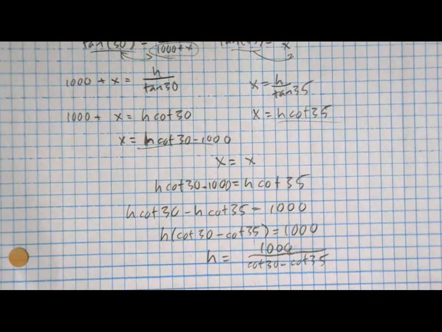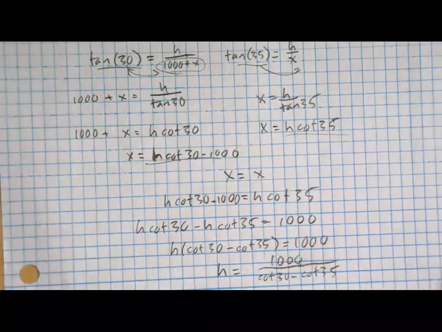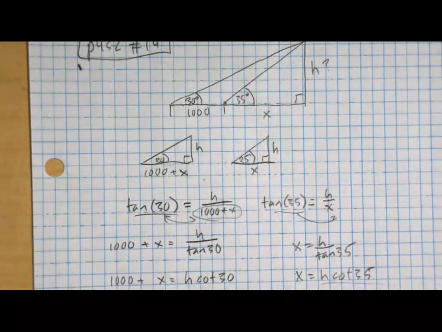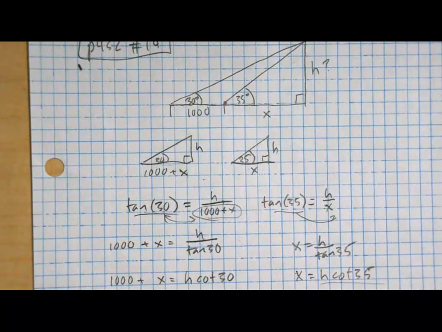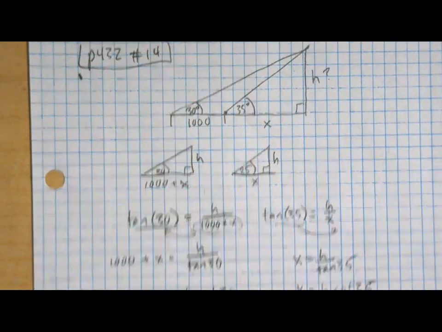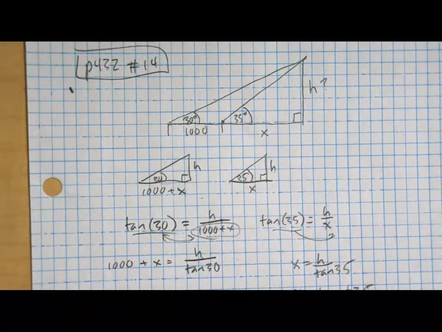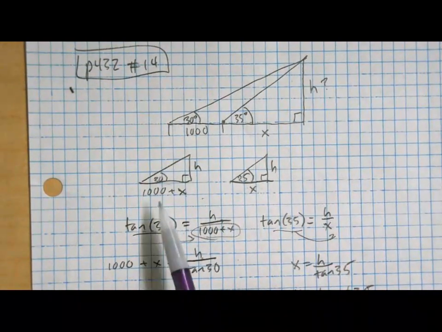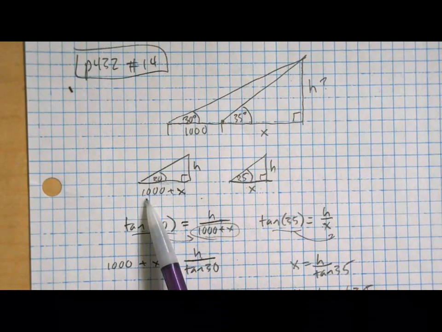All right, so now that you've seen that, I encourage you to follow the same process for problems 15 and 16. You don't need to go back and redo this one, but if you don't have a good solution for 15 and 16, follow that same process. In each of them, you're going to end up with two triangles. One's going to be like some number plus a variable.